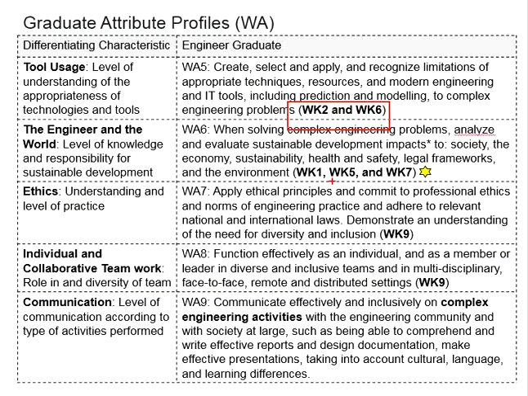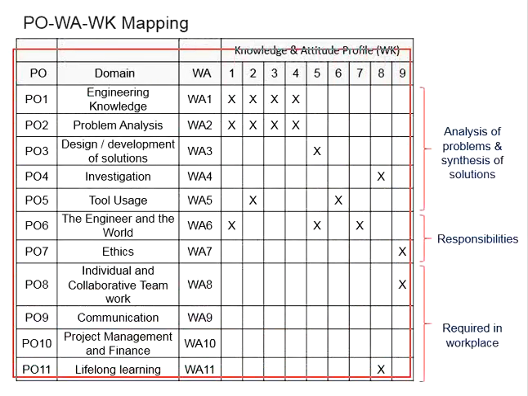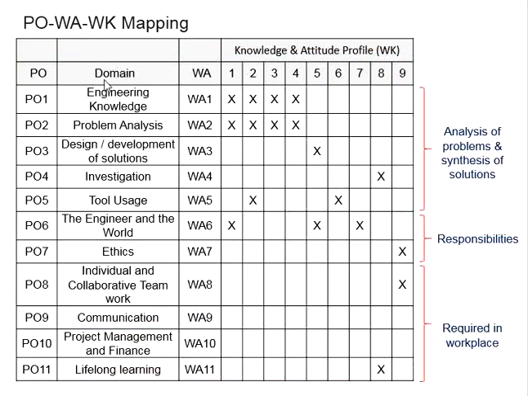Looking at the designated knowledge and attitude profiles, these will be the mappings. PO1 and PO2 will cover knowledge profile 1 to knowledge profile 4. This is about engineering knowledge and problem analysis.